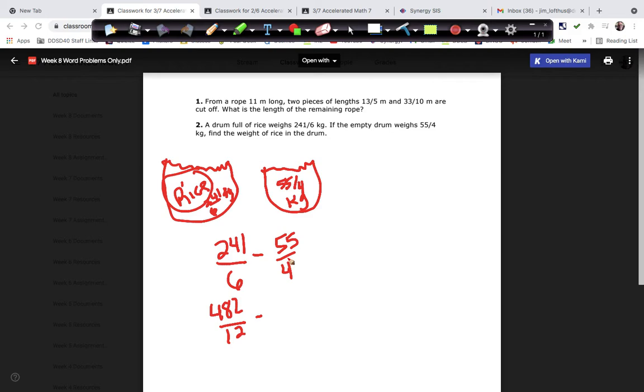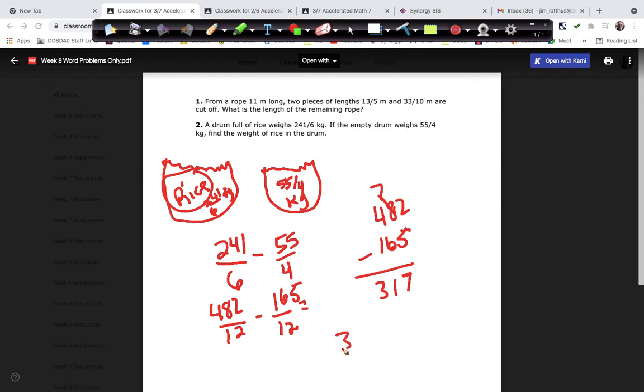And we're going to multiply this times 3 to get 12. And 3 times 55 is 165. So that means we're going to do 482 minus 165. And we get 317 twelfths.